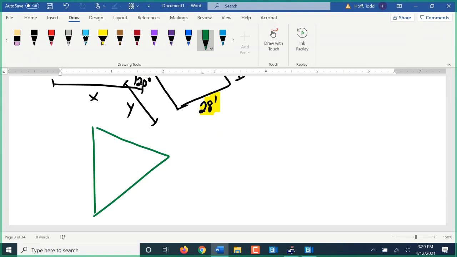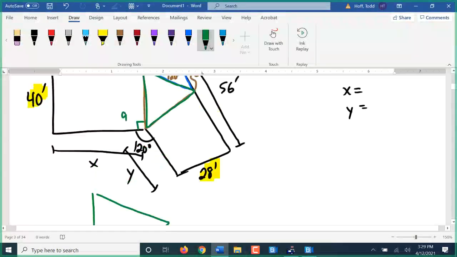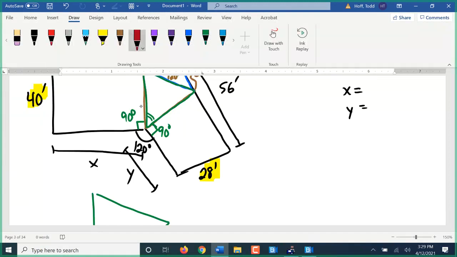So, this is 90 degrees. What's this angle here? 120, 90, and 90. Add up to 300 out of 360. That one's got to be 60.